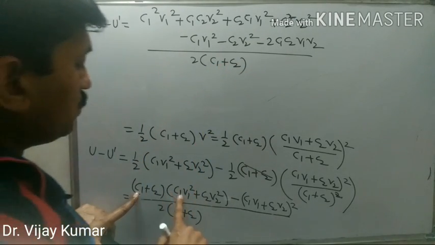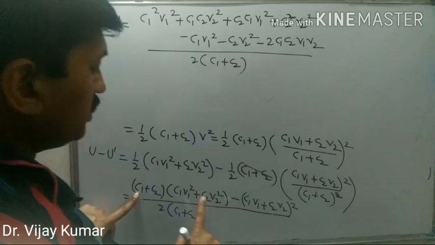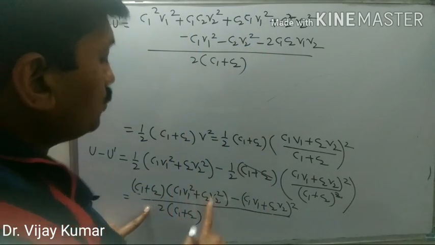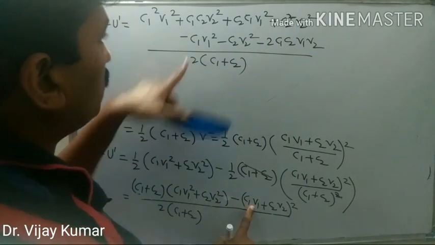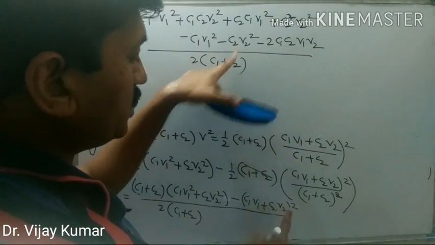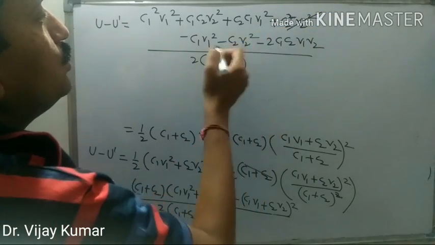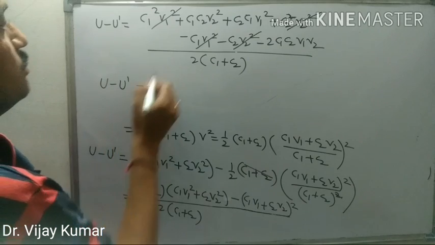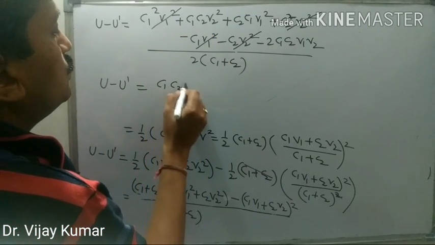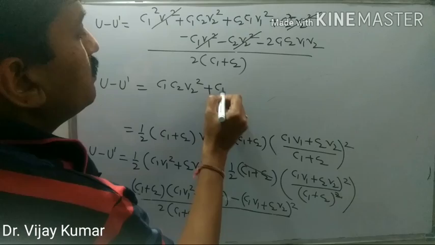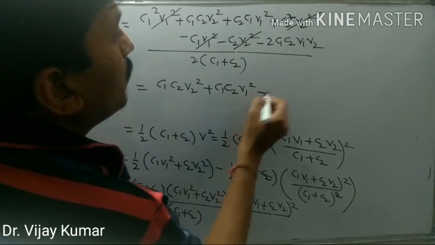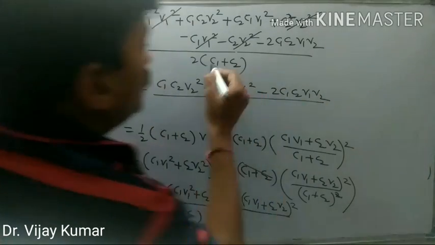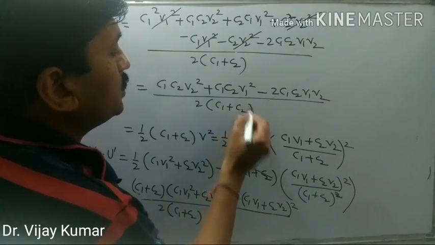C1 square V1 square and C2 square V2 square cancel out, and U minus U dash becomes C1C2V2 square plus C1C2V1 square minus 2C1C2V1V2 upon 2 into C1 plus C2.